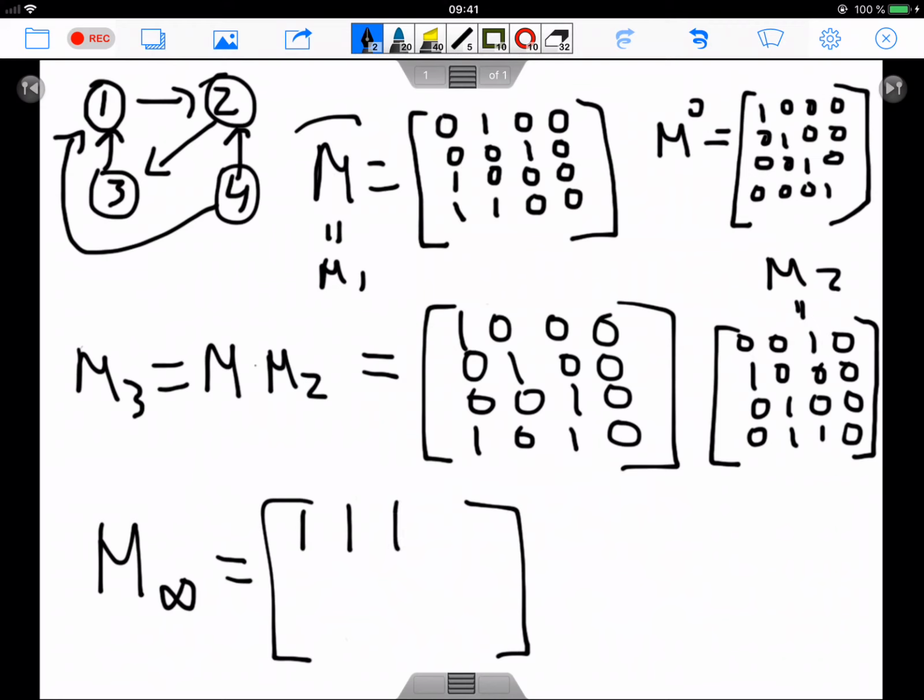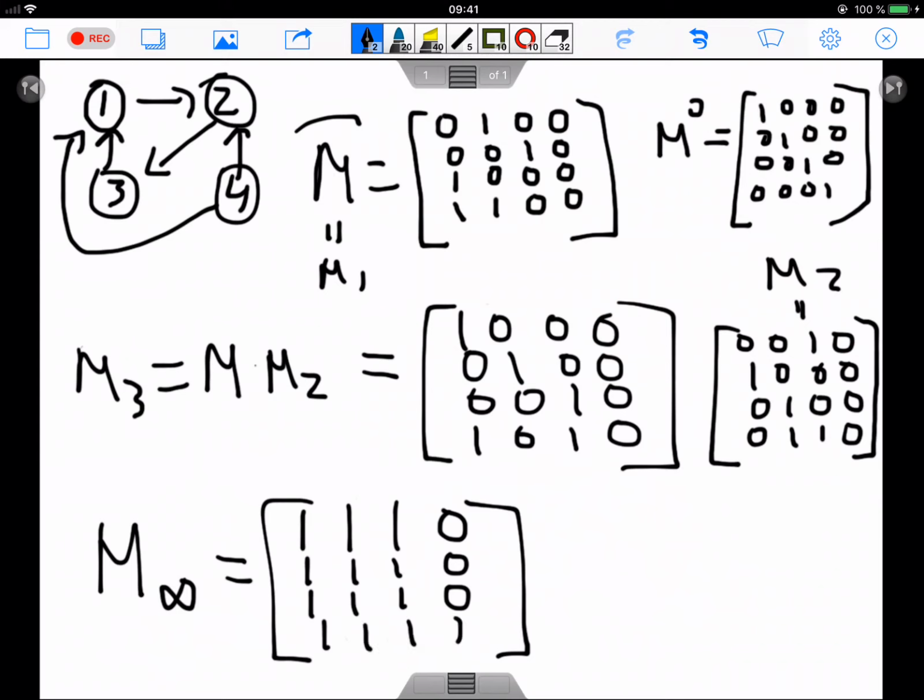But the other element in this row is going to be 0, because all the elements in all the four matrices have a 0 there. Similarly, for the other rows, please check that you get 1, 1, 1, 0, 1, 1, 1, 0, and for the fourth row you get 1, 1, 1, 1.